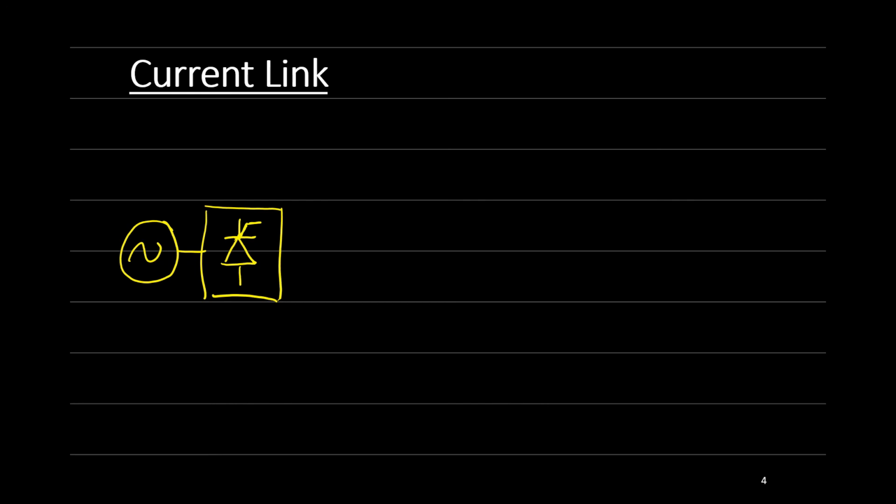It's different than the voltage source. And usually when you talk about current source, this means inductance. You cannot connect a capacitor on the sending end terminal of the converter, because as we said, capacitor means voltage source, inductor means current source.